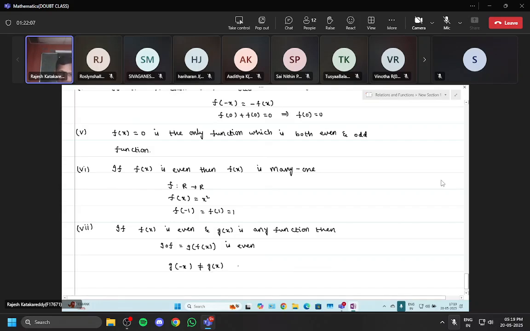But what we know is that f of minus x is equal to f of x. Now we use this. G of f of minus x will be equal to g of f of x, right? Clear? This implies g of f of x is an even function. Clear? Copy this.